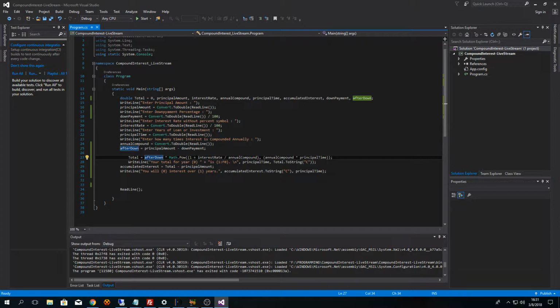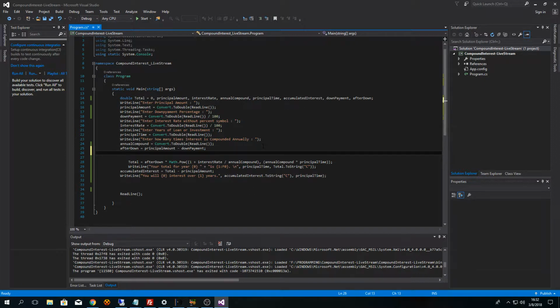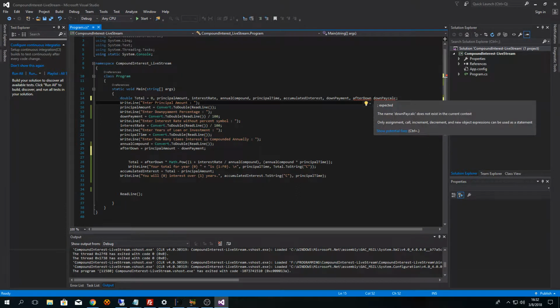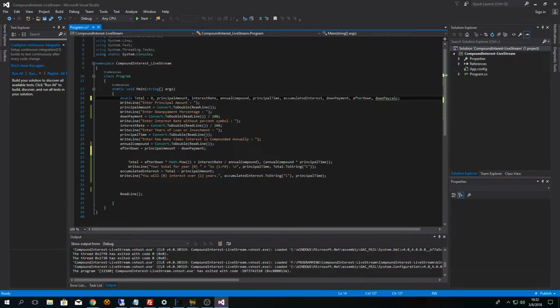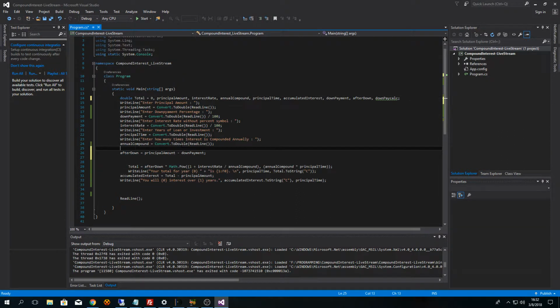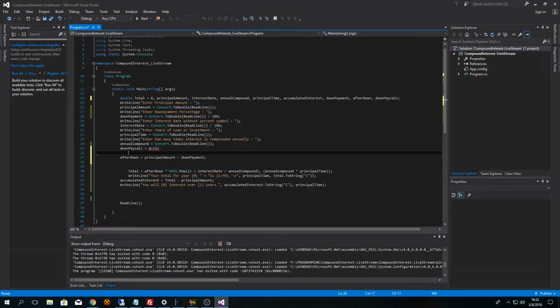We need to create another variable, and we'll call it downPayCalc, because it will calculate what 20% of the principal amount is.